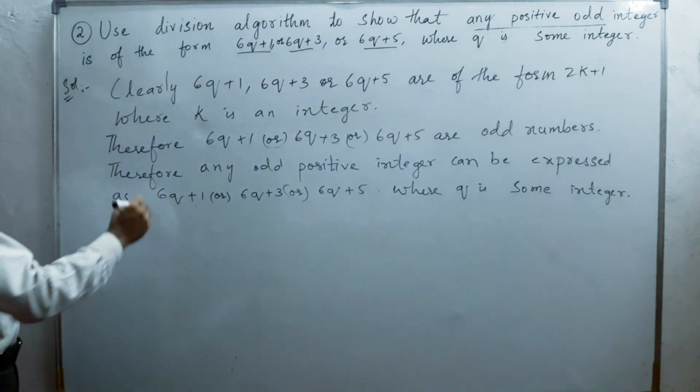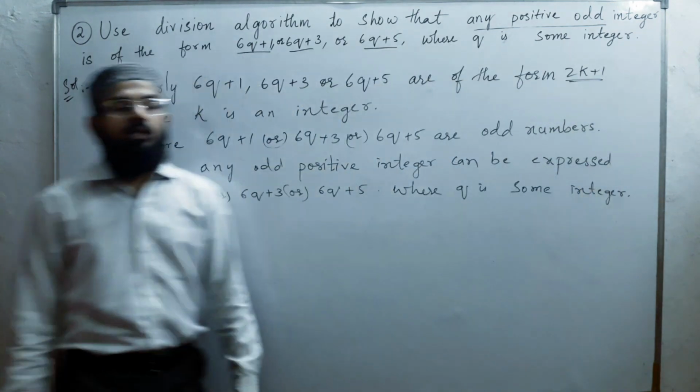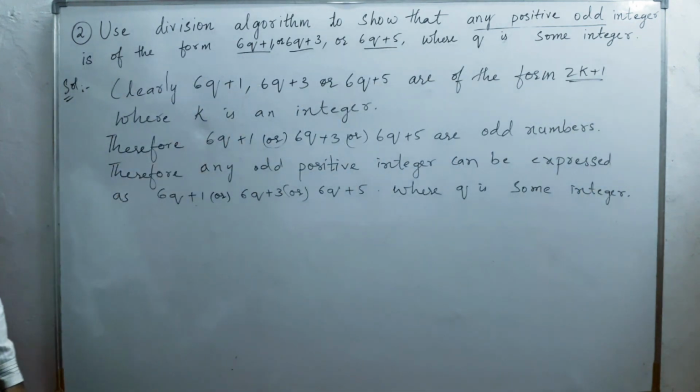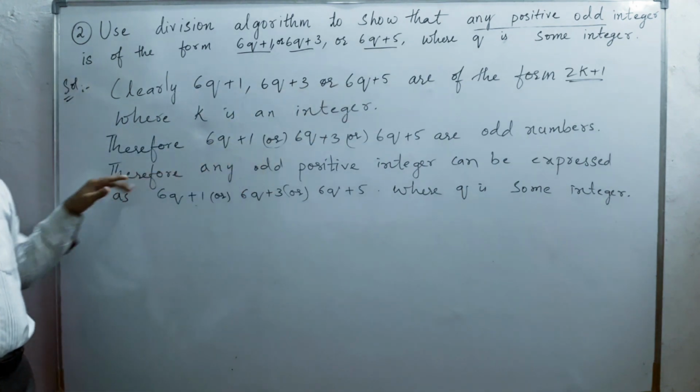Yes, here 2k plus 1 is nothing but the definition of odd integers. That's why these are all odd numbers. So hence proved.